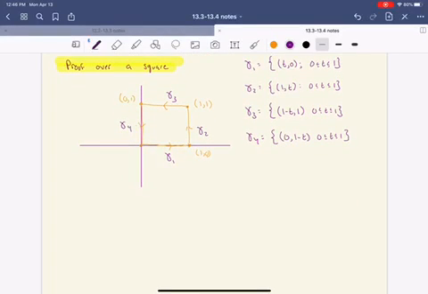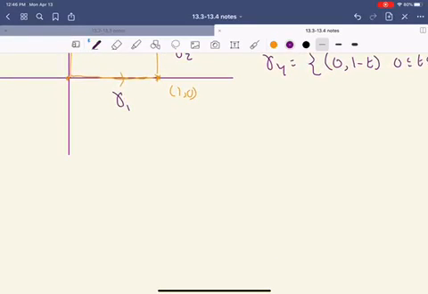Now, our integral. Let me make this a little bigger.